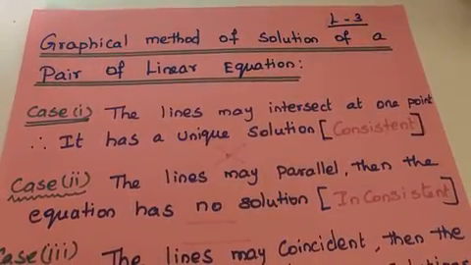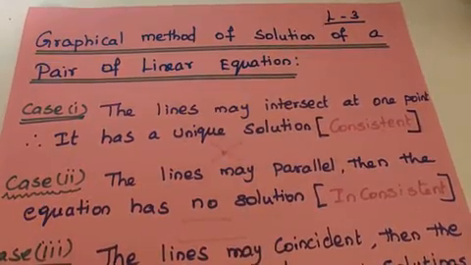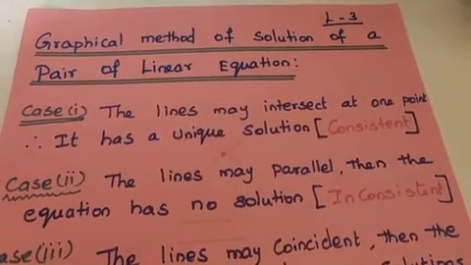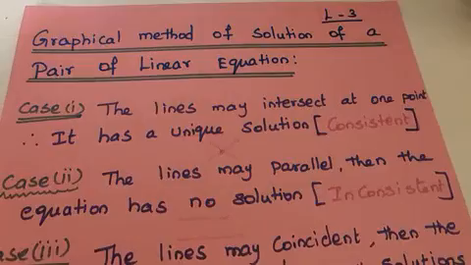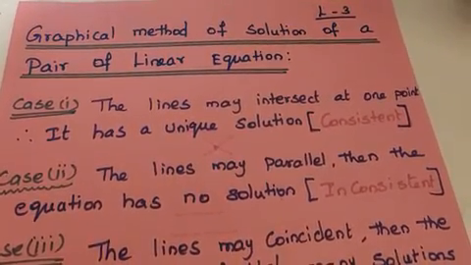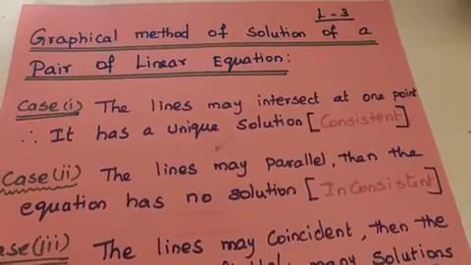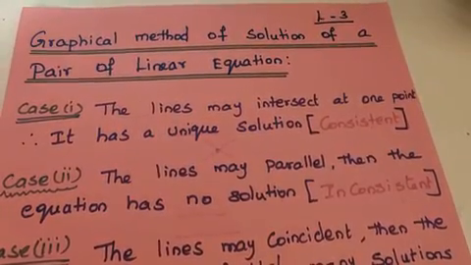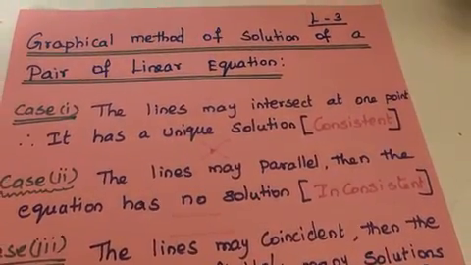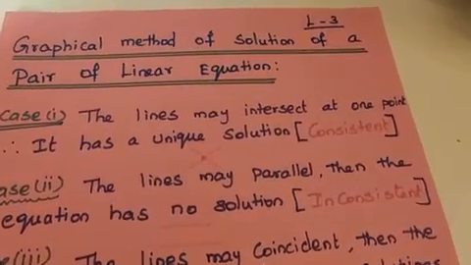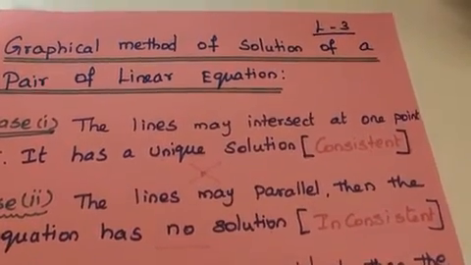Instead of drawing the graph and finding whether the lines are parallel or intersecting, by comparing the ratios of the equations themselves, we can easily identify which type of solution we will get.